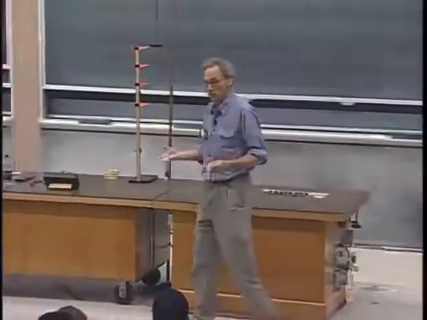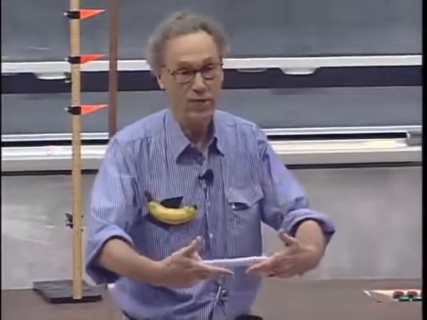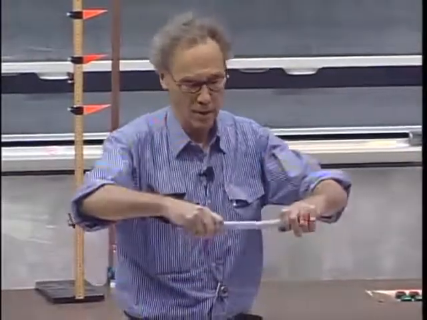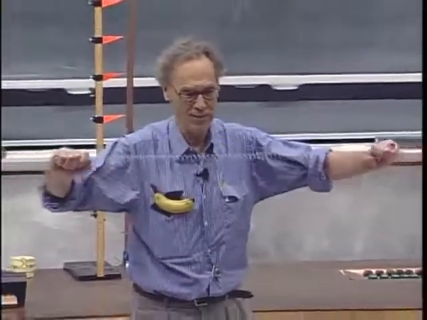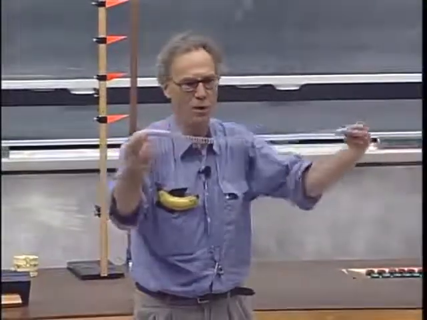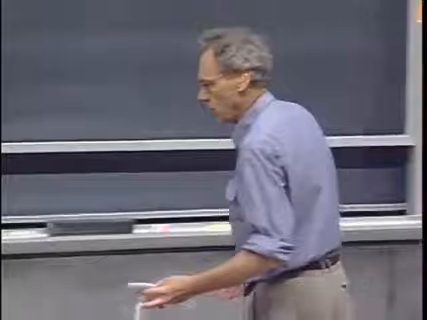I can damage it. I can do permanent deformation. Look, that's easy. For sure, Hooke's law is no longer acting. Look how much longer this spring is than it was before. So there comes, of course, a limit how far you can go before you permanently deform the spring.